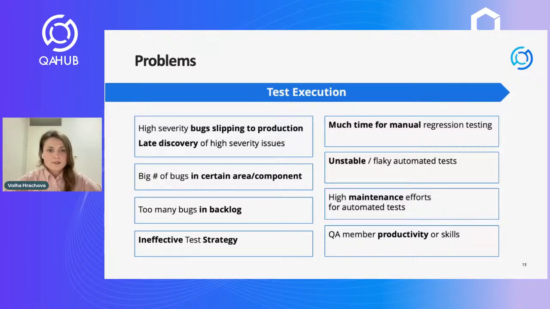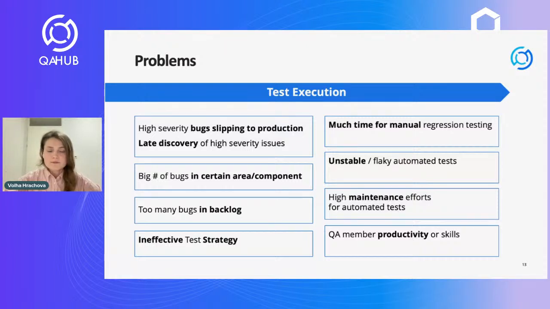Another issue is if we have a big amount of bugs in some certain area or some feature or in some component. Sometimes we have a big amount of bugs overall in our backlog in different areas, but still it's too many bugs.